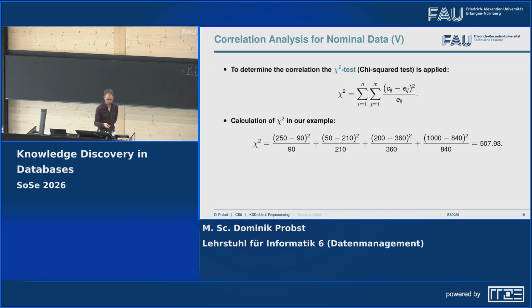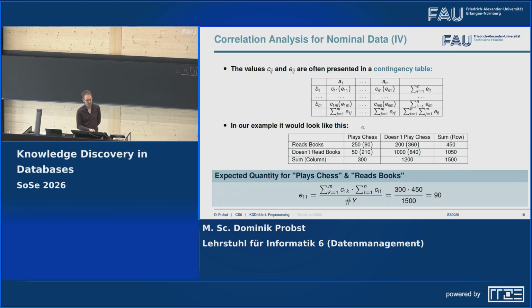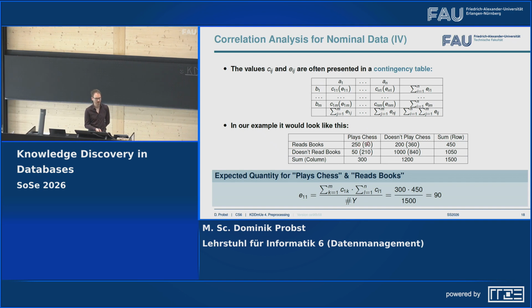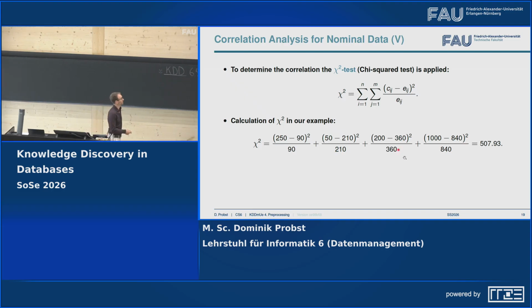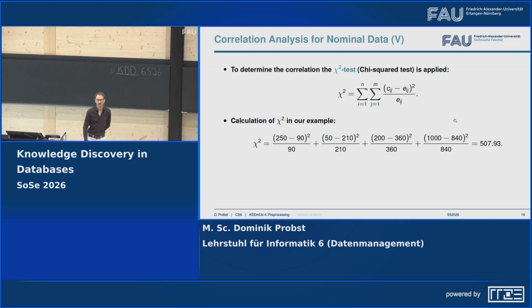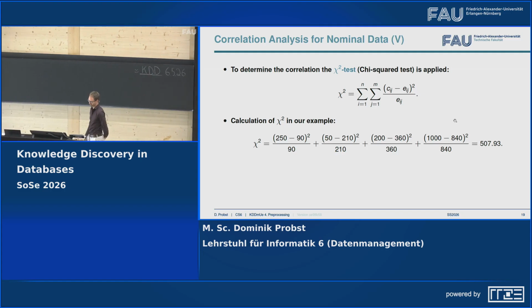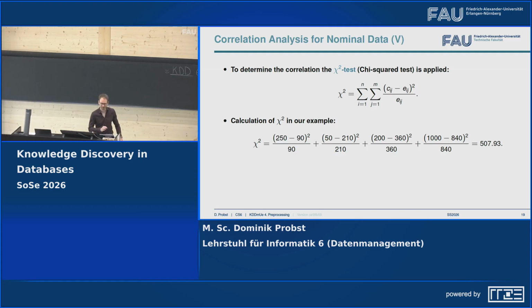So in our example, for the first cell, we will take a look at 250 minus 90 to the power of 2 divided through 90, which is this part of the formula. If we now add these things up, we end up at 507.93, which is nice to have.